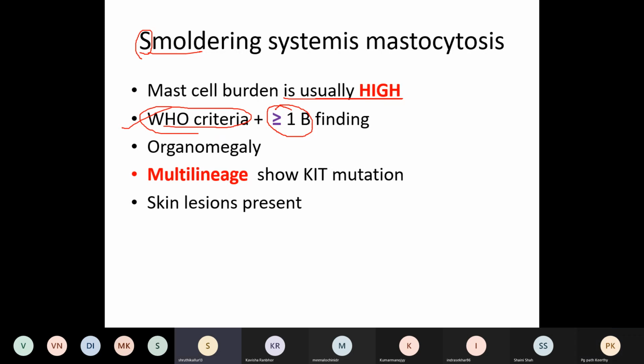Then one more thing is there, no? Dysplastic features, but not able to fulfill the criteria of any other myeloproliferative neoplasm.